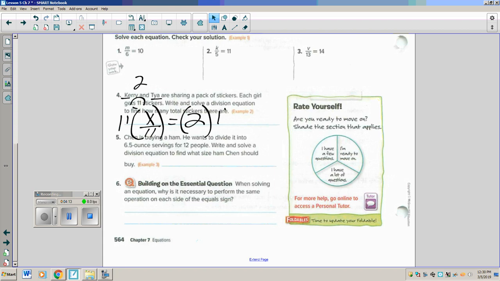Parentheses. 11. 11. Cross out. X equals 22. There are 22 stickers. Different ways you could set that up, but that's the correct answer.